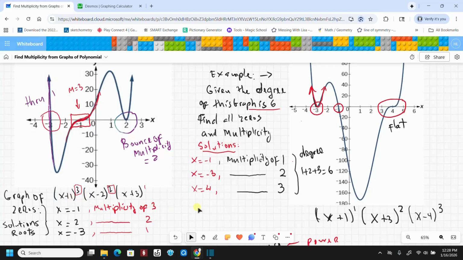For example, if you set x + 1 equal to 0, that's going to give you x equal to -1.